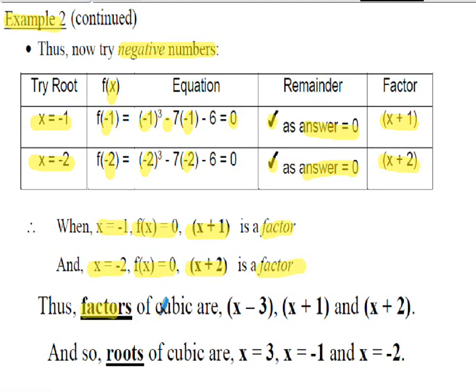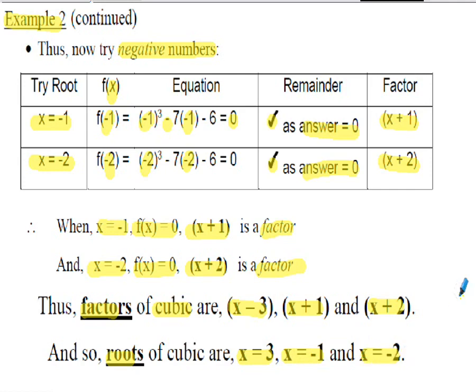So the factors for this cubic equation, and there are 3 of them, are x minus 3, x plus 1, x plus 2, because the roots of the cubic equation were x is equal to positive 3, x is equal to negative 1, and x is equal to negative 2.